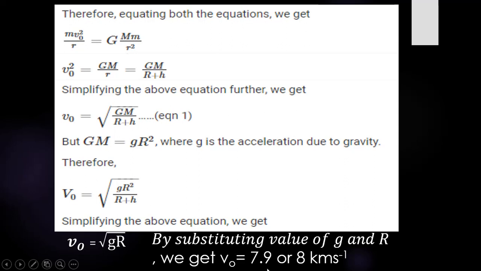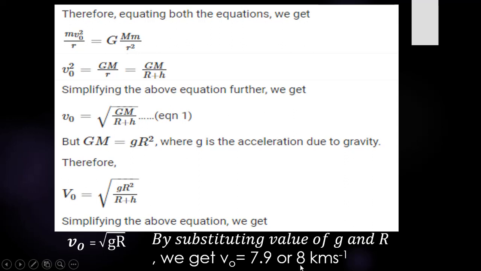Just you have to substitute the value of g and r. g is 9.8 meter per second square, r equal to 6400 kilometer. If you put these values, v naught equals 7.9 or 8 kilometer per second.